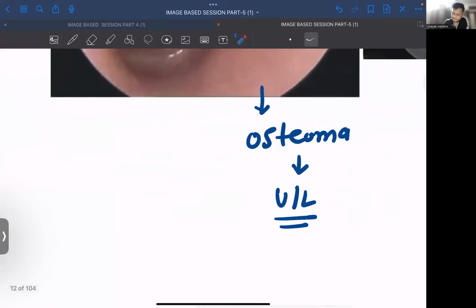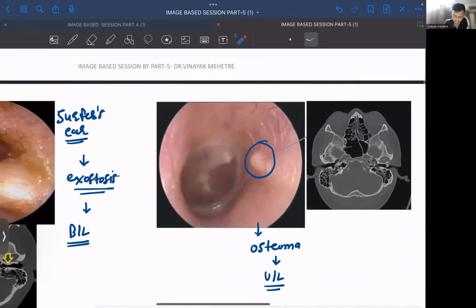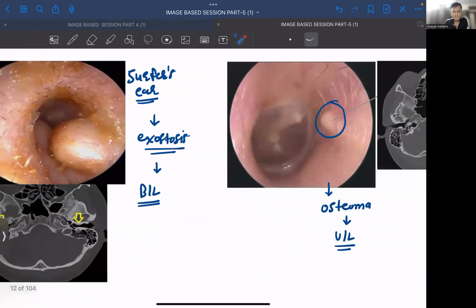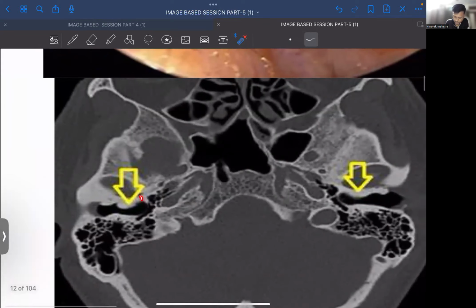In osteoma, take a look: this external auditory canal is clear, but over here there is only one single bony growth. Understood? If a CT comes, take a look: the external auditory canal has a growth in both ears.